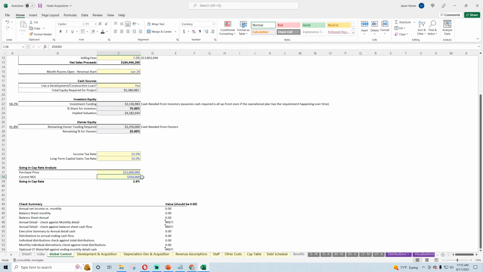So let's say it's only 8 million. That's better. There we go. It doesn't matter. But this is just a little analysis you could do for going in cap rate if you want. And all this is saying is at 7%, you pay back 7% of the purchase price in NOI each year.